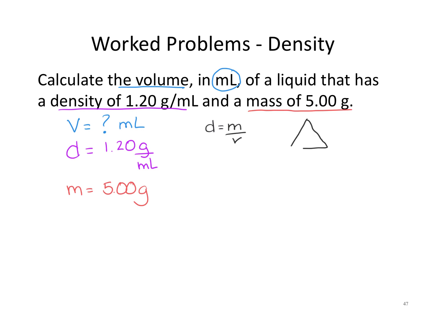And I also know my density triangle here is mass divided by volume equals density. When we look at this, I have the mass here and the density here. And so I'm looking for the volume, which is right there. And so the density triangle tells me if I take the mass and divide by the density, that will give me the volume.